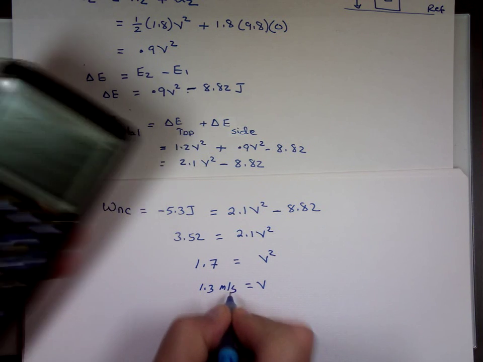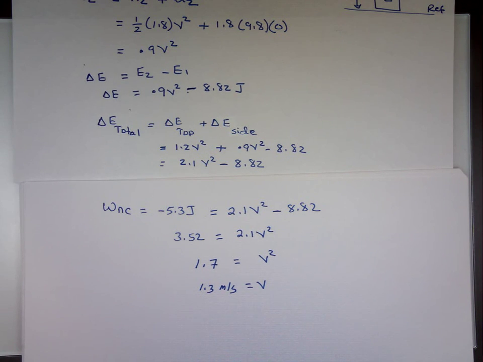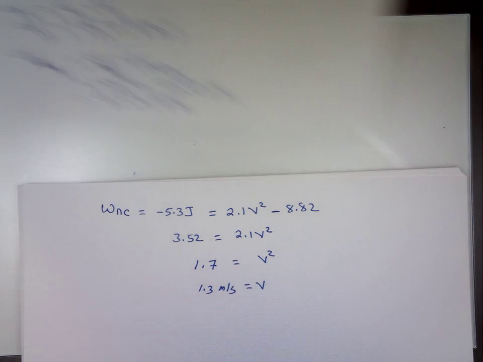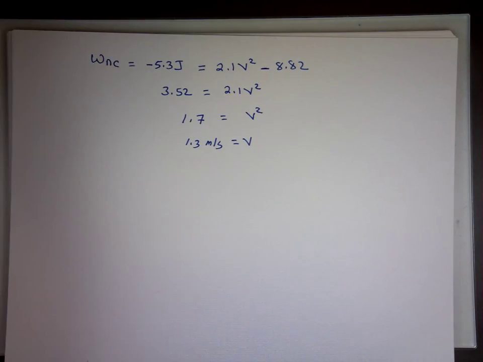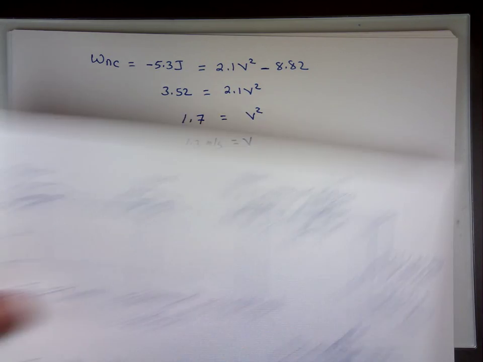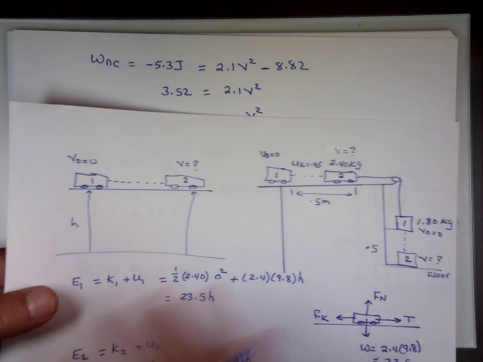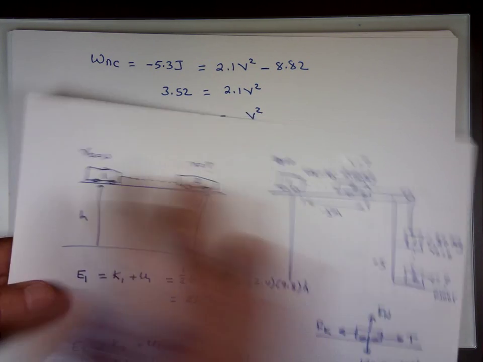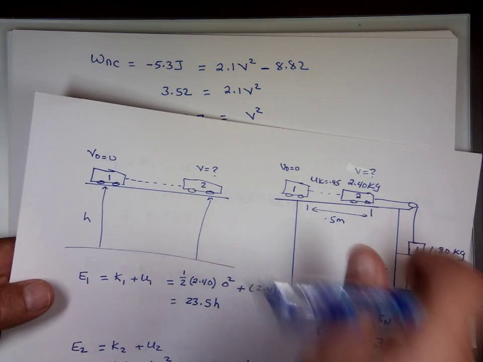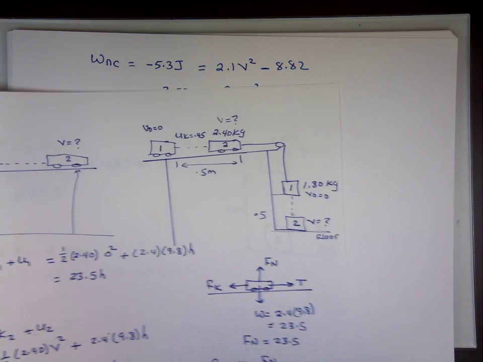Whew, that's a lot of work. I had to look at the top, look at the side, and see how much change in mechanical energy there was for each. The difference between the final minus the initial is actually the result of the friction force, the work done by the friction force.